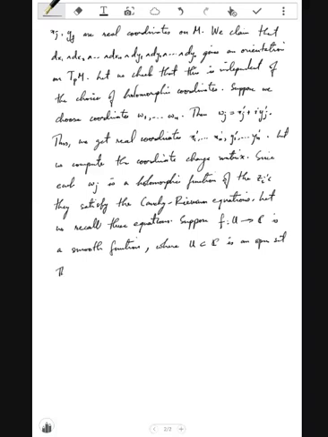Let us write f equal to u of x comma y plus i times v of x comma y.